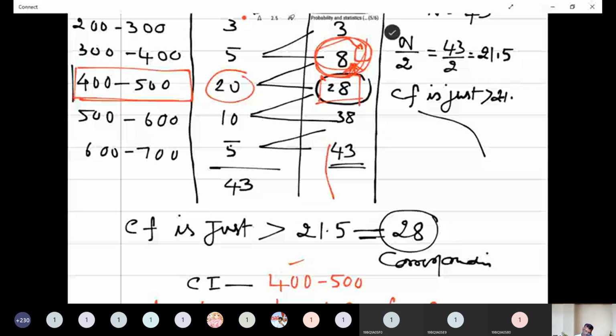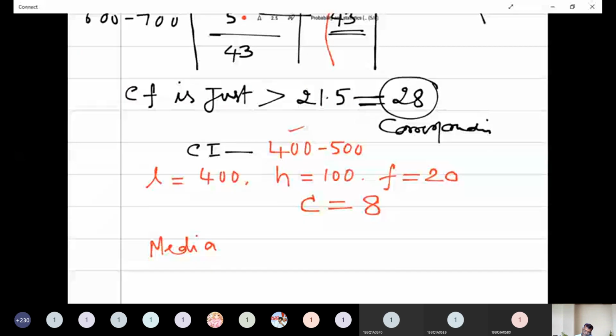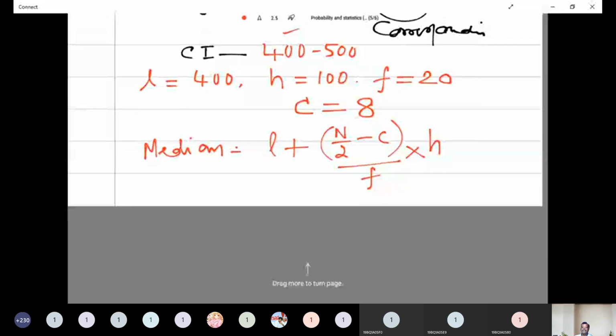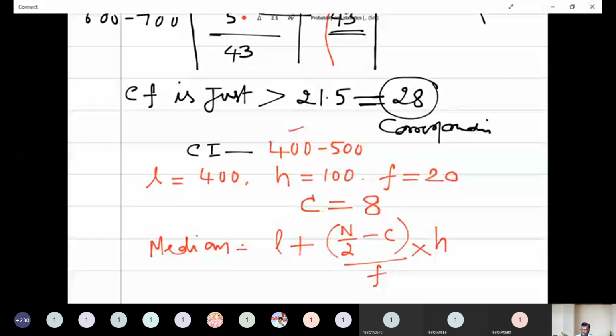Now median is equal to L plus N by 2 minus C by F into H. I have to substitute the values in the next space, or you have to write it here.